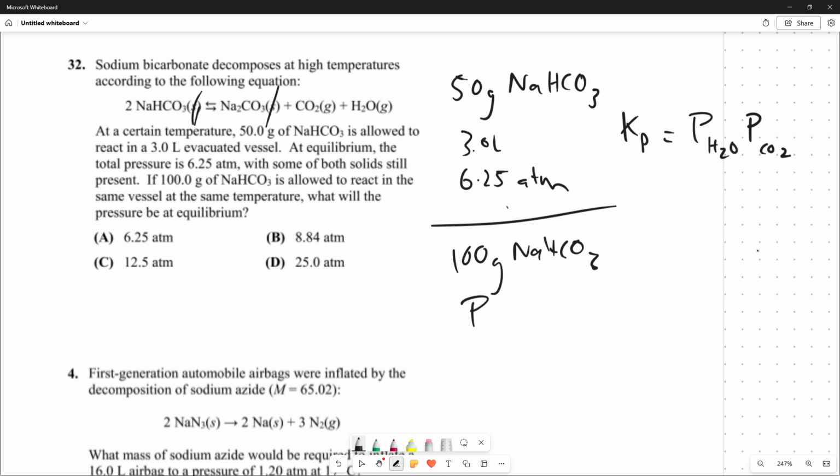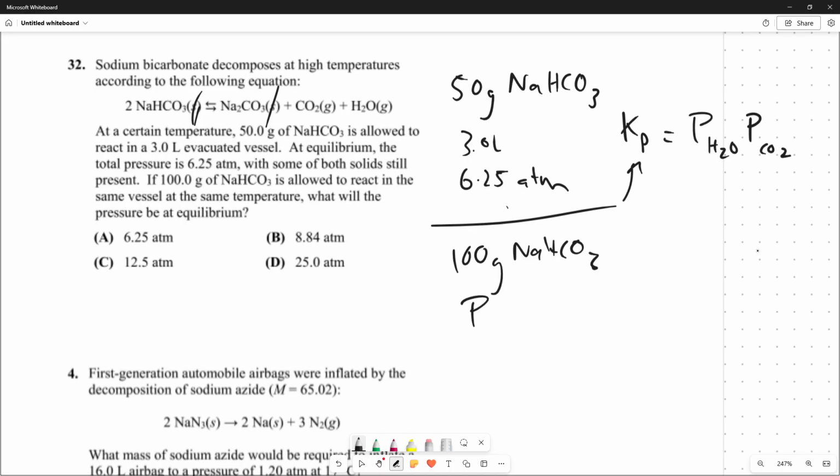So we see that even if we change the mass of NaHCO3, it's not going to do anything to the equilibrium constant. The pressure at equilibrium is what we're finding.